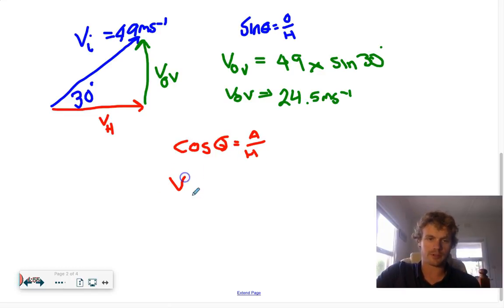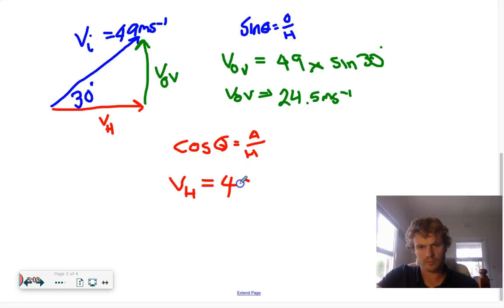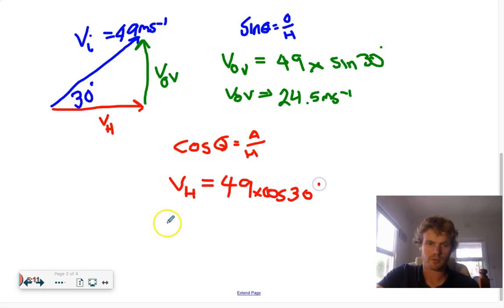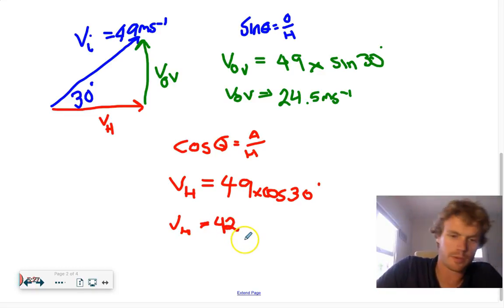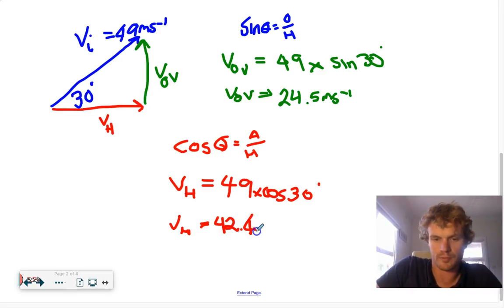I get that my horizontal velocity is equal to 49 times cos 30, and that is 42.4 meters per second. So that remains constant throughout.